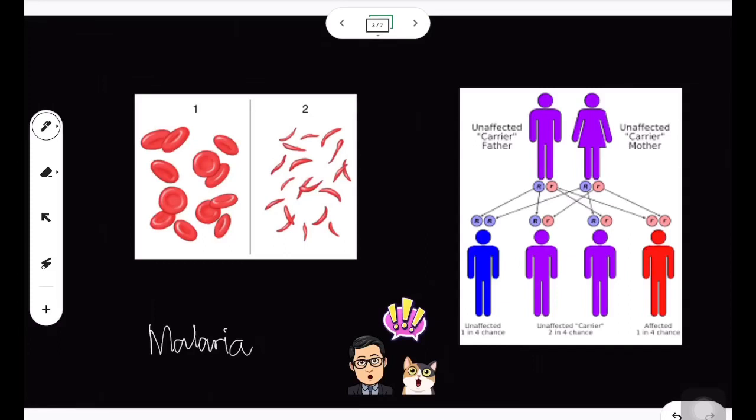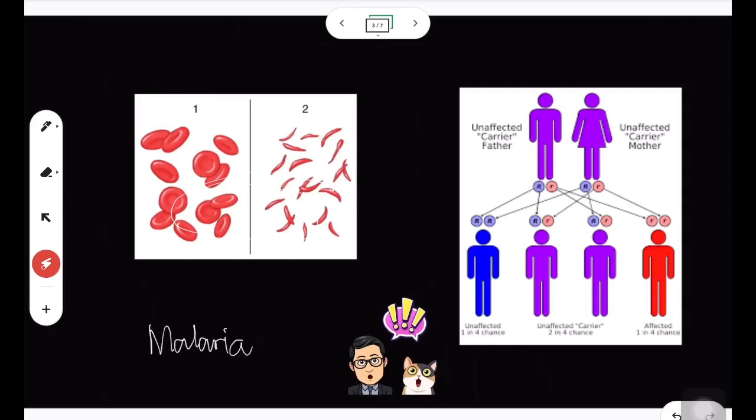So sickle cell, if it is heterozygous, can provide protection against malaria because the parasite cannot penetrate the sickle cell structure.